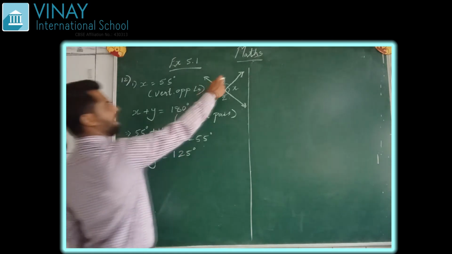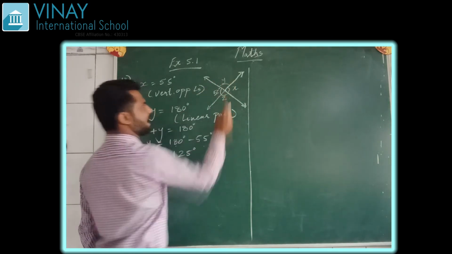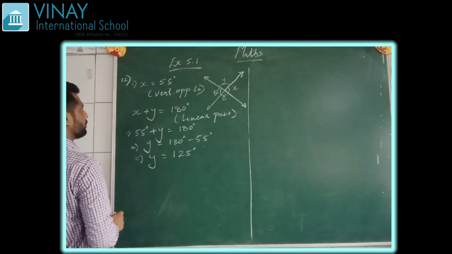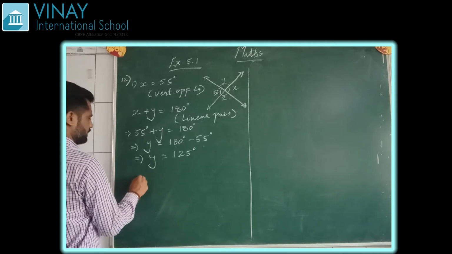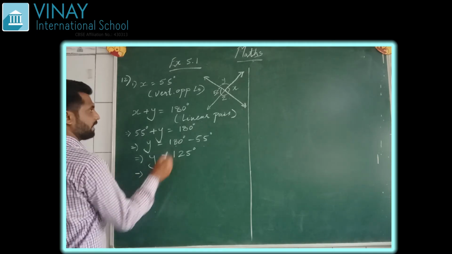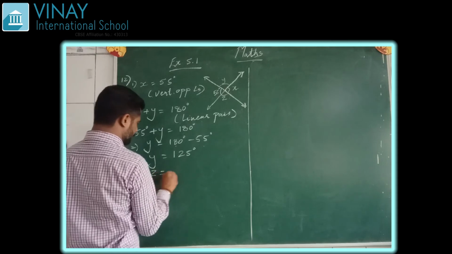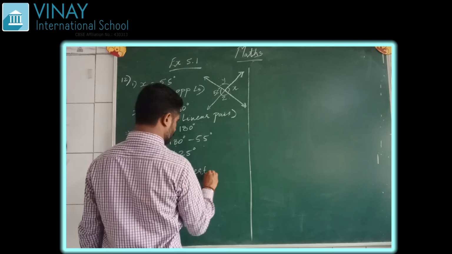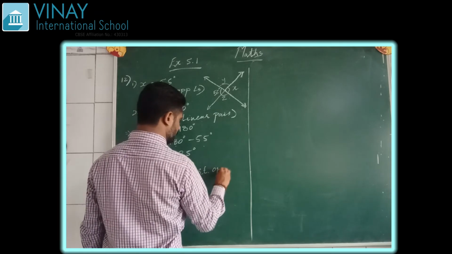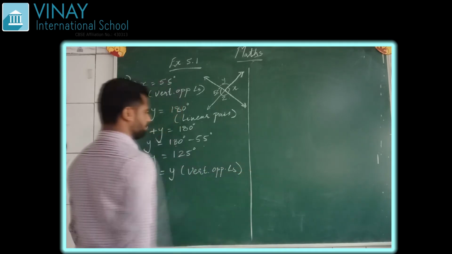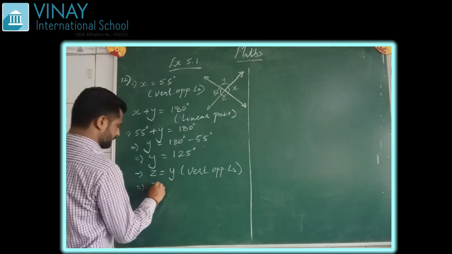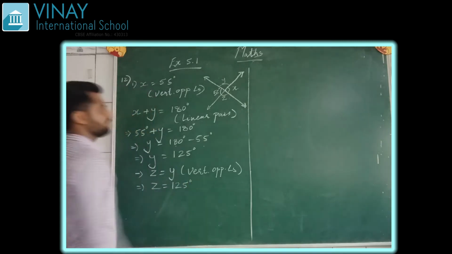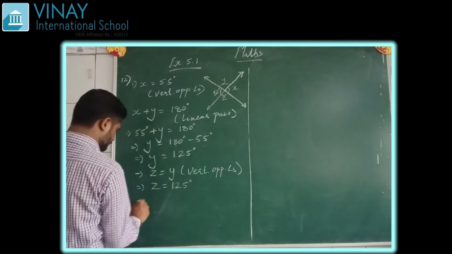Now once we get y, we know that y and z both are vertically opposite angles, and we also know that vertically opposite angles are equal to each other. So here we can write that z is equal to y as they are vertically opposite angles. So we can say that z is equal to 125.